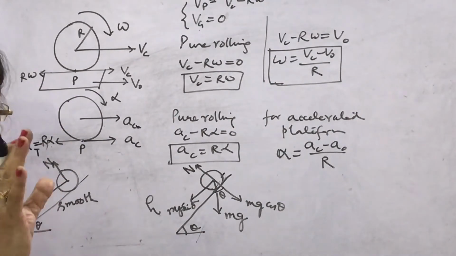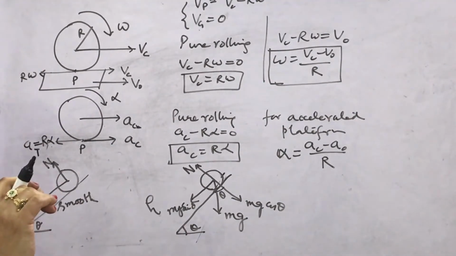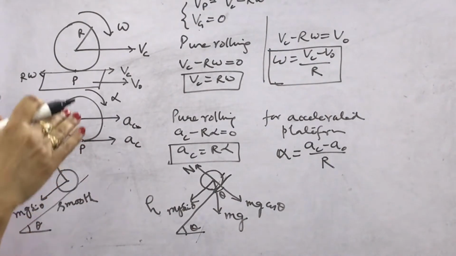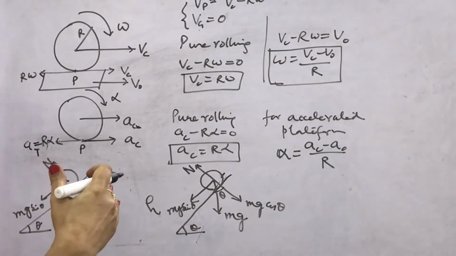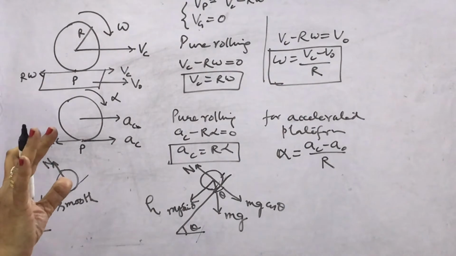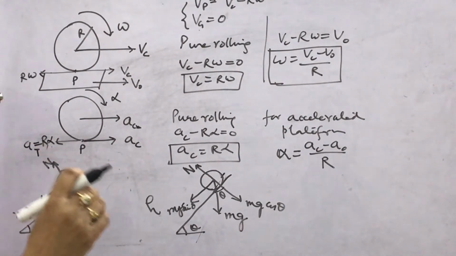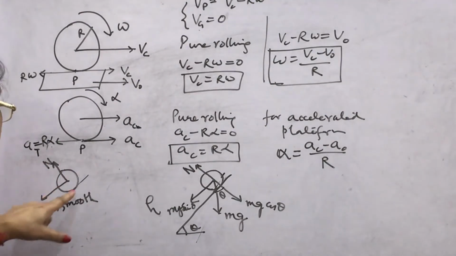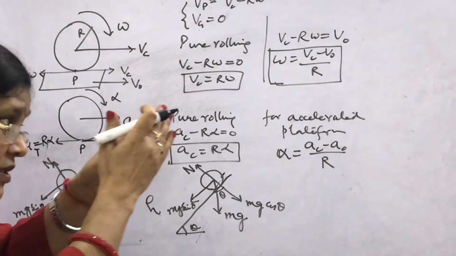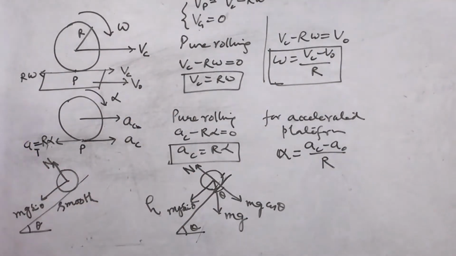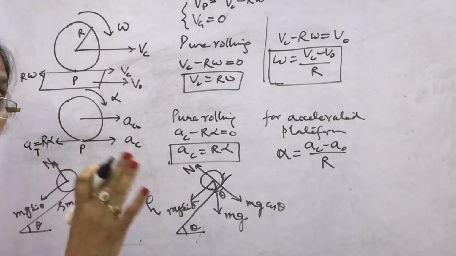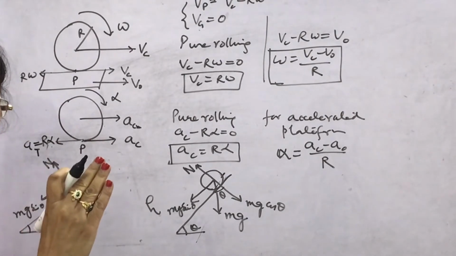Will they constitute any torque? No, because a force passing through the center of mass will not constitute any torque. R cross F, theta will be 0. There is no torque. Then will the body roll down? Will the rolling take place?